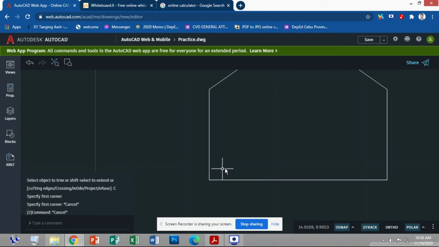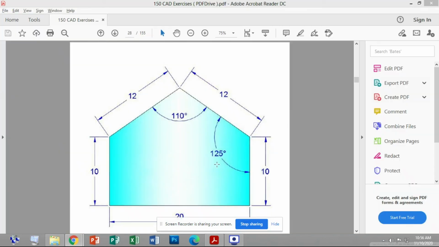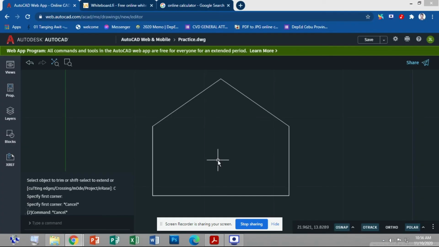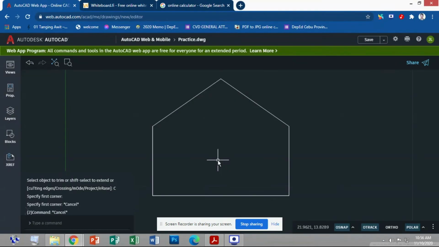Okay. So there you have it. Na-solve na natin ang ating first practice drawing.